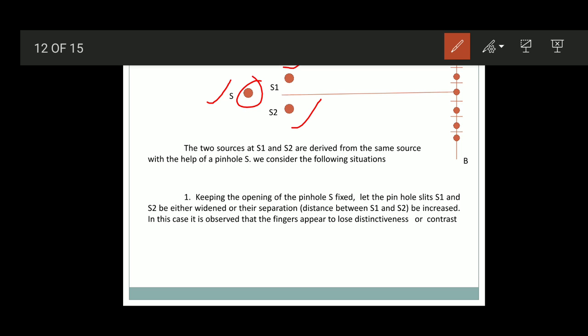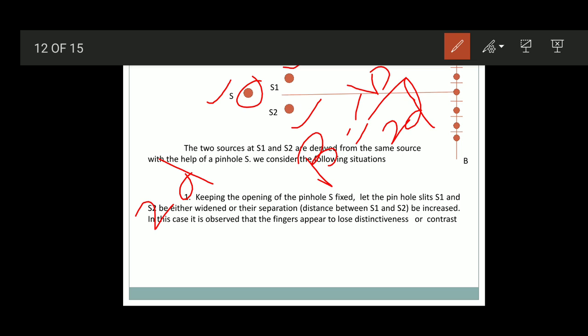and the slits S1 and S2 are widened. It is nothing but 2d increases. We know according to the formula beta is equal to lambda into capital D by 2d, if 2d increases, beta decreases. It is nothing but two bright fringes are very near to each other.